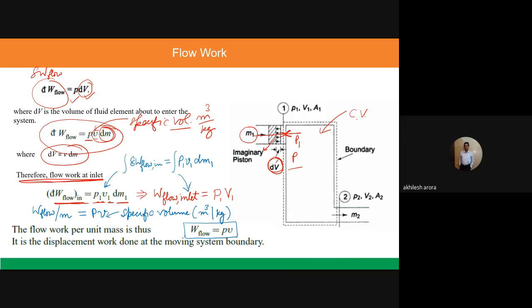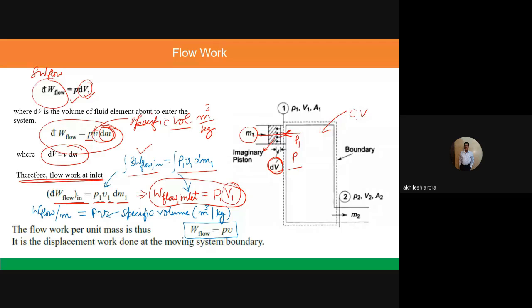So delta W flow in, I can integrate this equation. It is equal to P1 v1 dm1. So what is the value of the flow work at inlet? This equation gives us the flow work at inlet is equal to P1 into V1, this capital V1 now.